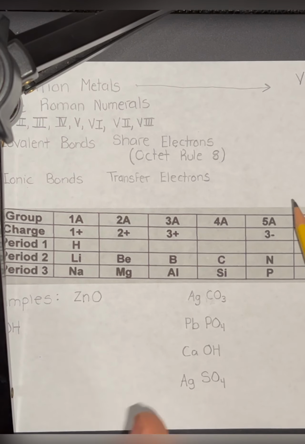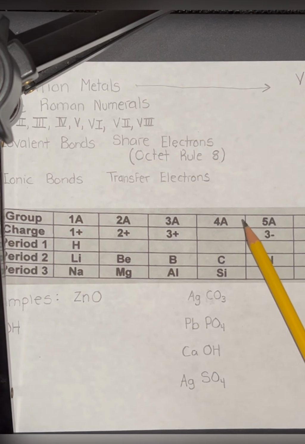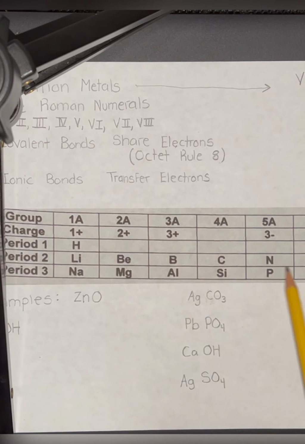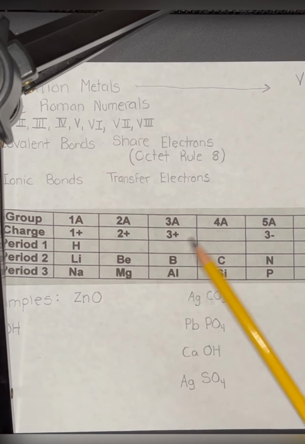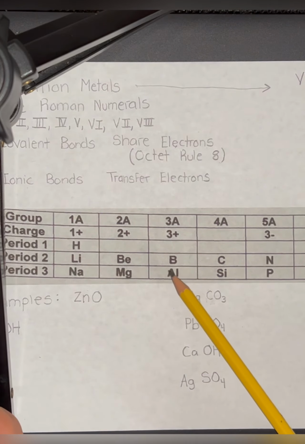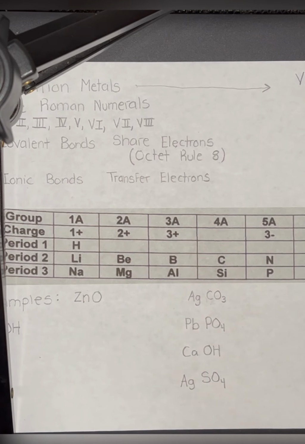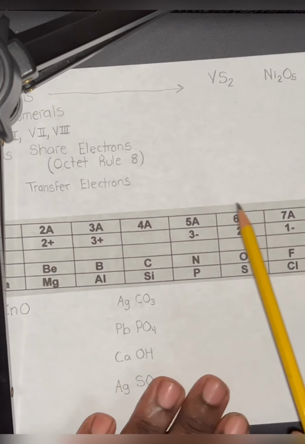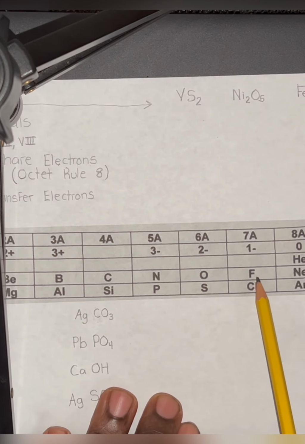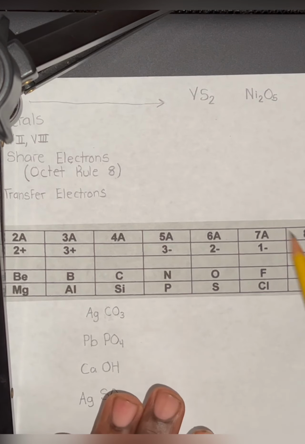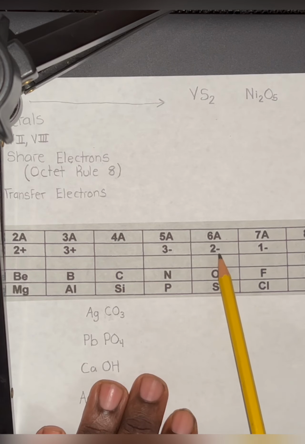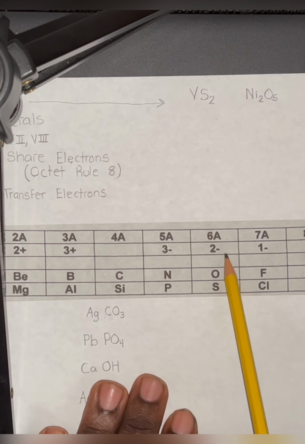On a periodic table, the metals are all on the left side. Metals lose electrons and become cations. Non-metals, like oxygen and fluorine, gain electrons. That's why they become anions with the negative sign.